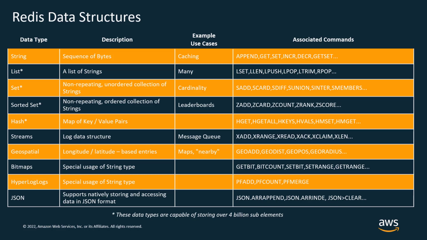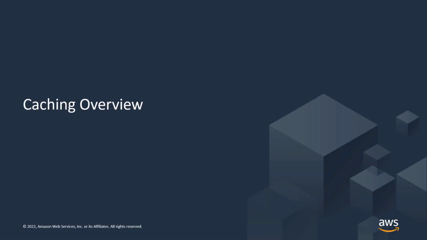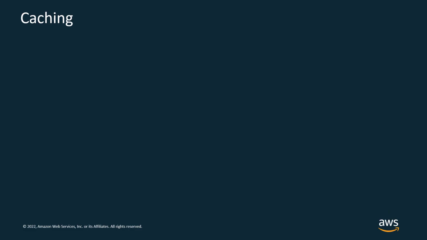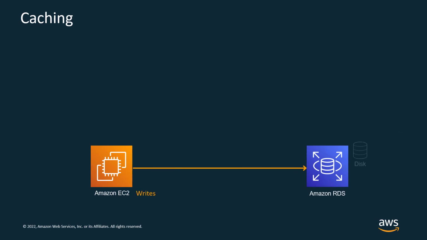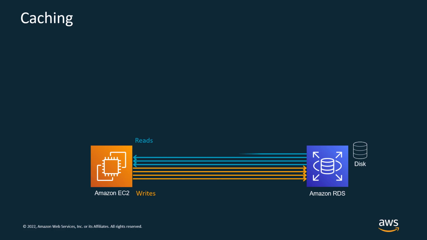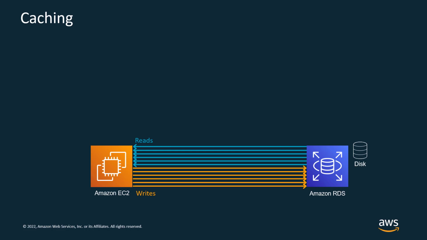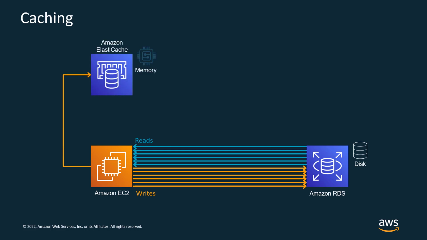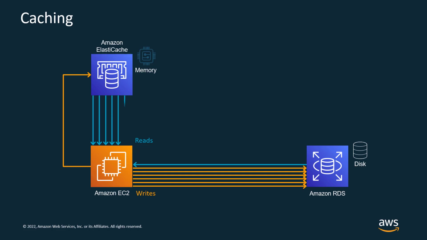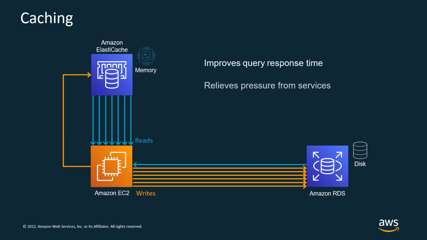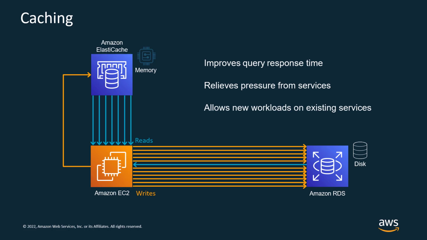So moving forward to talk about caching, that is the most common use case for ElastiCache. Here we have Amazon EC2 instances as a compute layer, and we have RDS as a database. Think about when you write something to Amazon RDS, and when you want to read that data from your application, then all writes and reads go through Amazon RDS. So it's all disk-based.